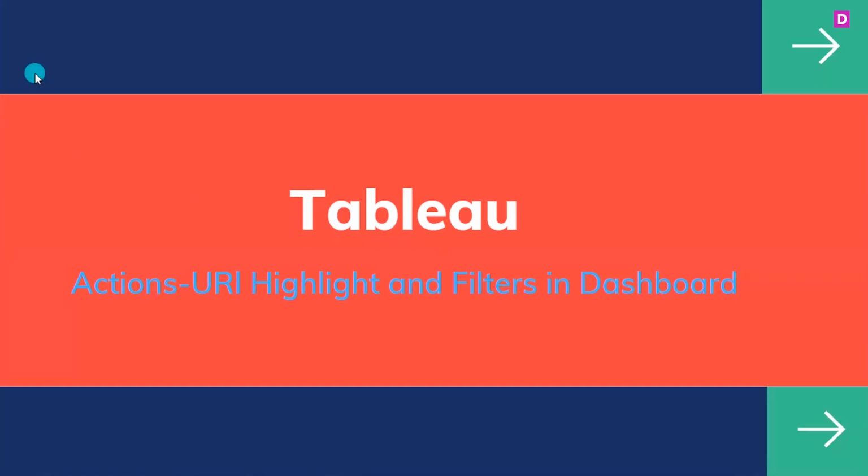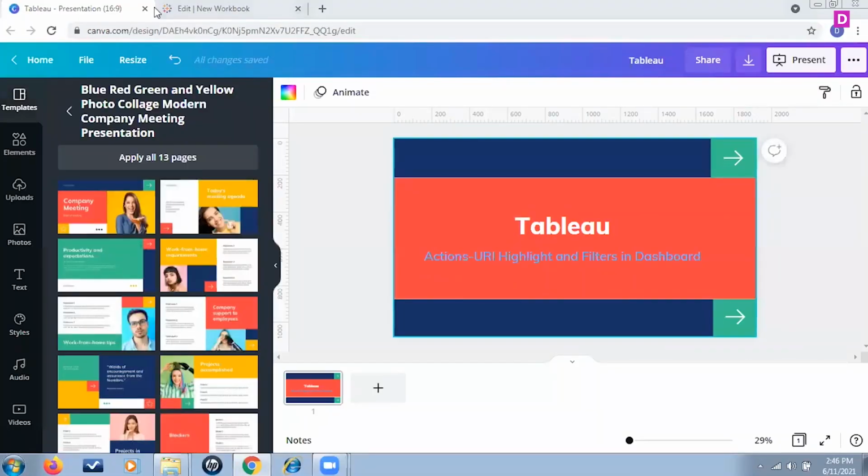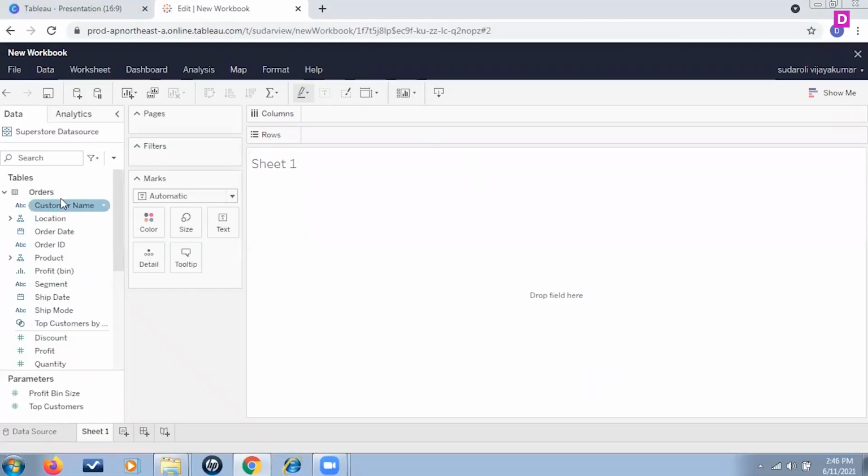Let's get into our Tableau environment to understand what I'm speaking about. This is our Tableau environment, and as you can see, the Superstore data source is already there. We are going to add an action to the dashboard. To have a dashboard, I need multiple sheets, so let me create two sheets.